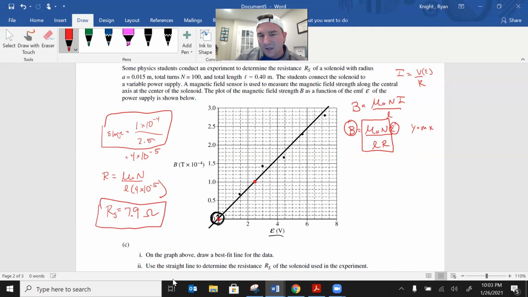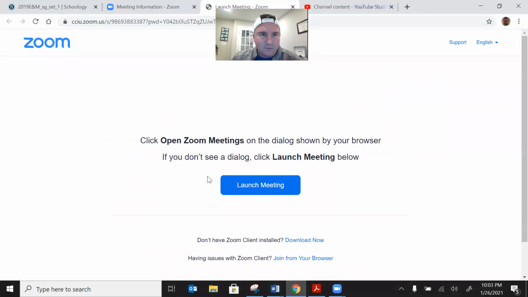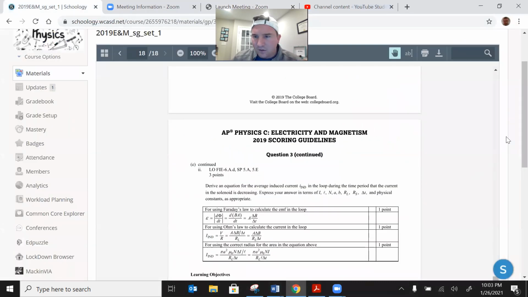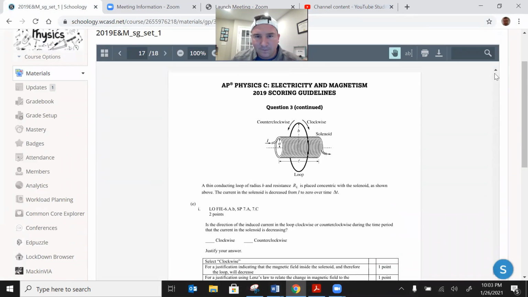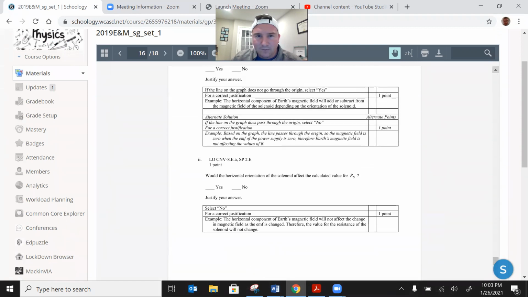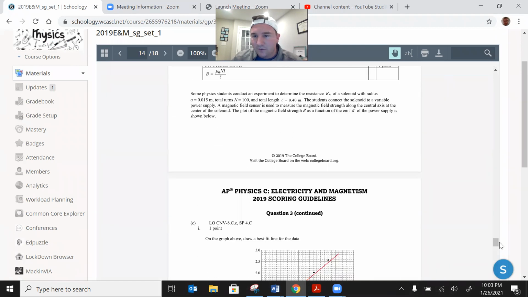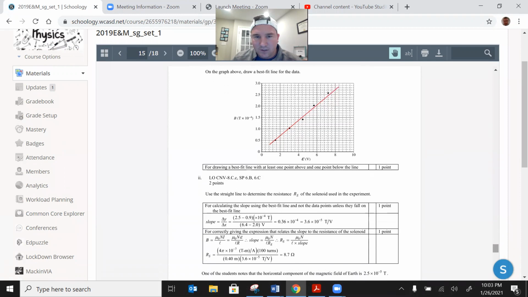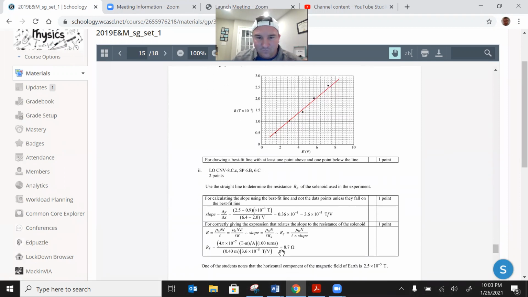I think in the answer sheet, they get something that's a little bit higher than that. Do I have it open here? That's the end of the problem. Yeah, they get 8.7. So they got something that was a little bit higher than what I had. So not sure why. Who knows? We obviously picked different points for our slope.